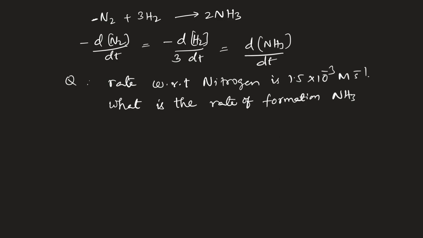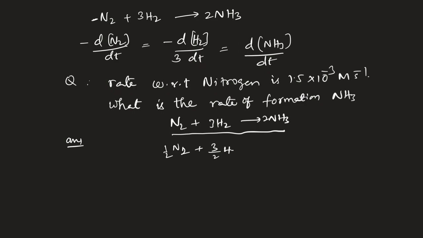In the Haber process, they give an equation, the above equation, that is N2 plus 3H2 gives rise to 2NH3. Here an important point you have to remember: the reaction must be given in the question. Why? This equation I can also write as 1 by 2 N2 plus 3 by 2 H2 gives rise to 1 NH3. Product same, reactant same. Stoichiometric coefficients are changed.